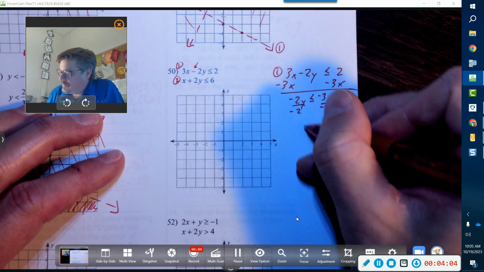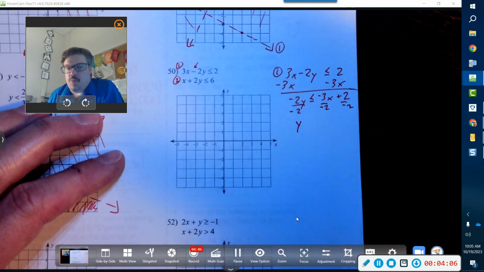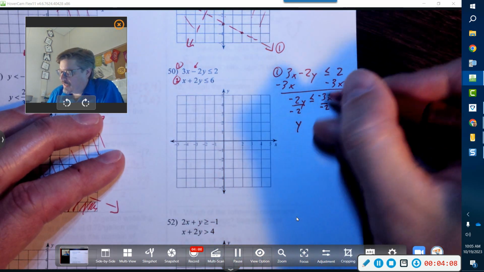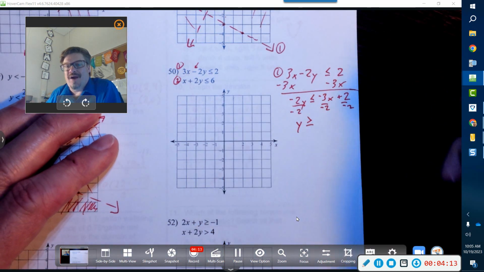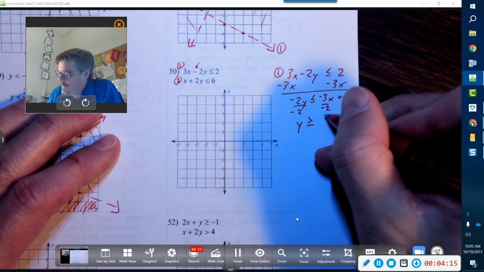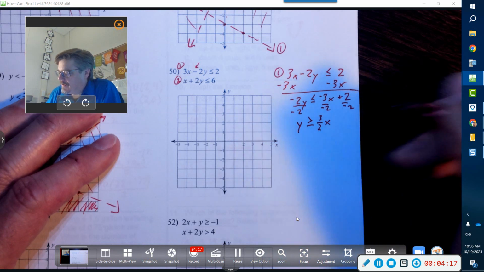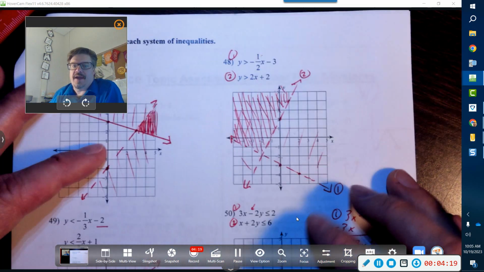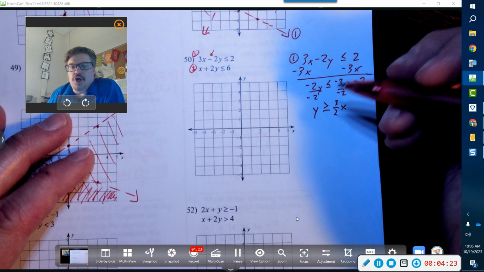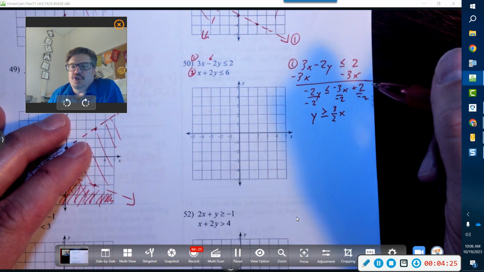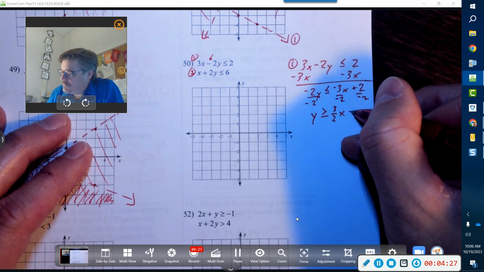Okay, now when I do that though, y becomes y, cool. Okay, the -2's cancel out, but then this changes direction. Okay, because we're doing a 180 when you divide by a negative number. These guys ultimately become positive, and yes, it's a fraction. Don't care. I had fractions all over the place. No big deal. Okay, fraction for slope is good when you're graphing them, but +2 divided by -2 is actually -1.